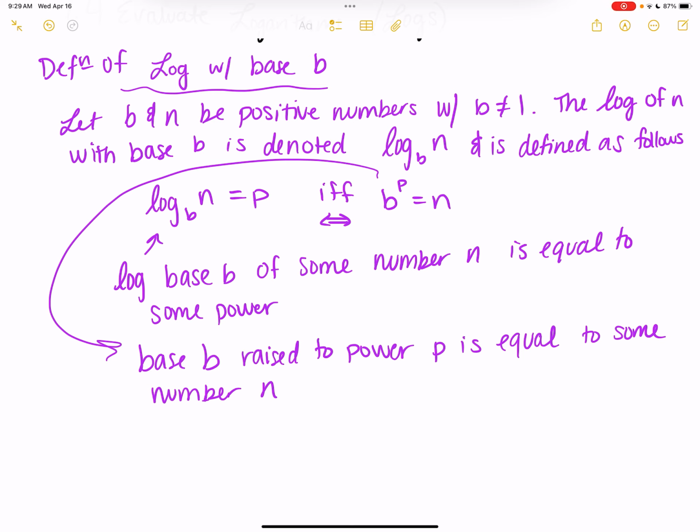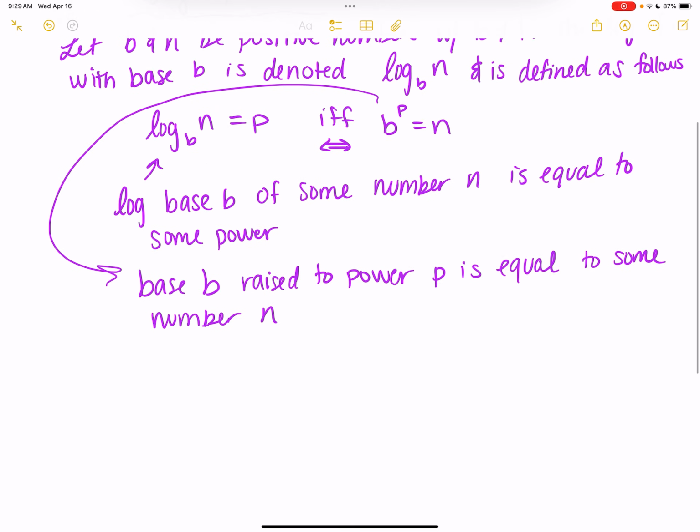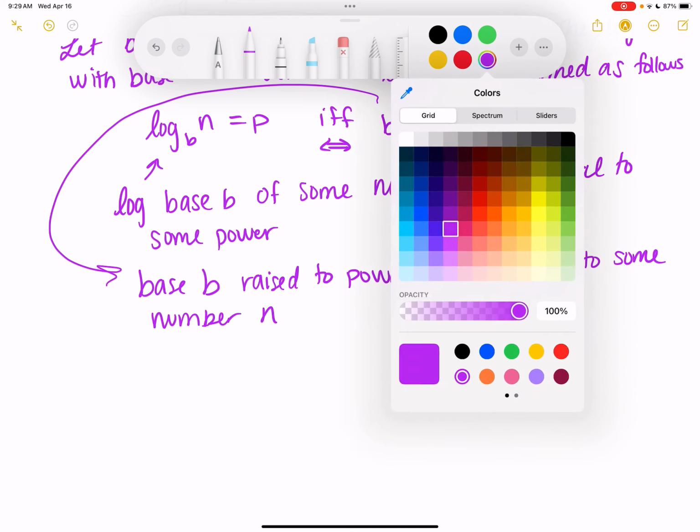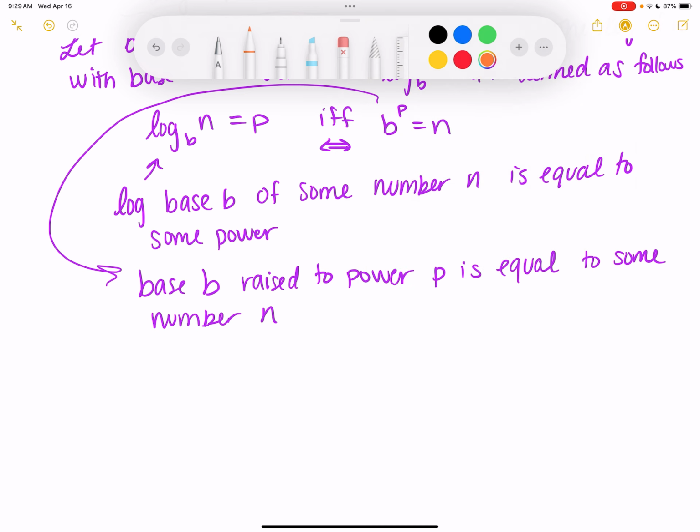However, I found that that can be a little bit confusing with all the letters, so I show you a little trick that I think makes it easier. Logs and exponentials are inverses of each other.